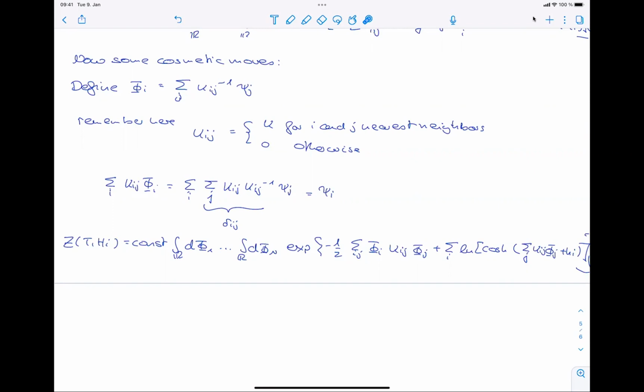What the K's describe is the interaction energy of my spin system. The reason why this is overdetermined is that there's no absolute definition of energy.